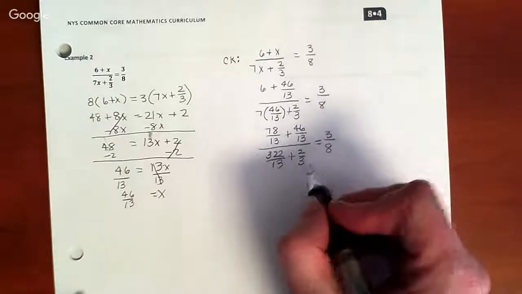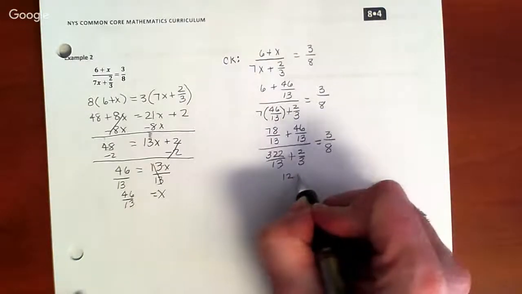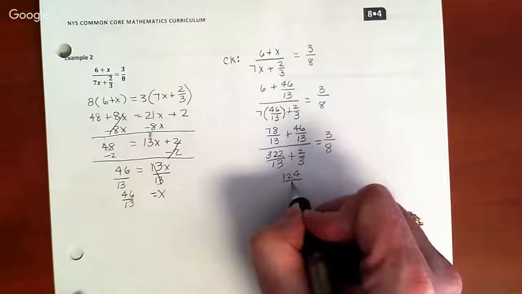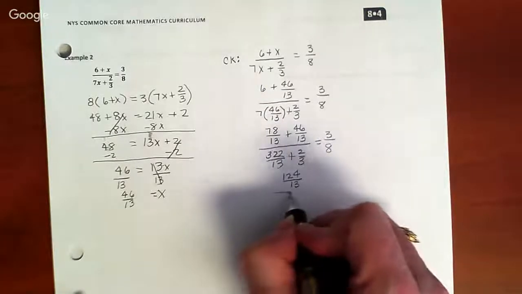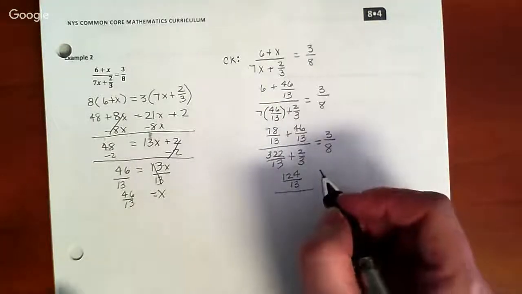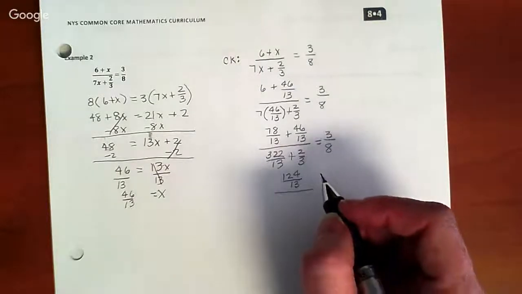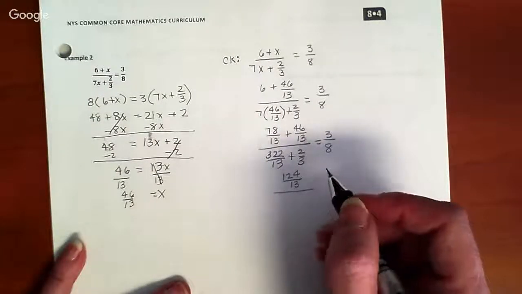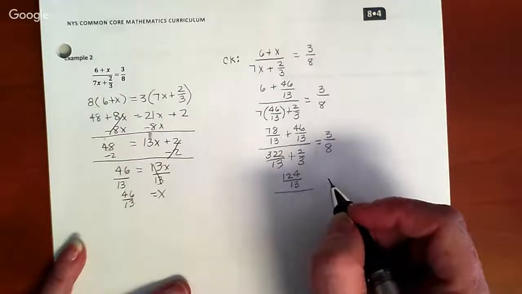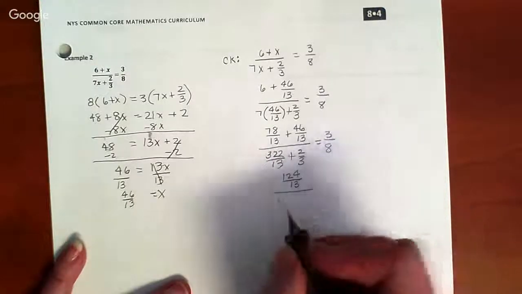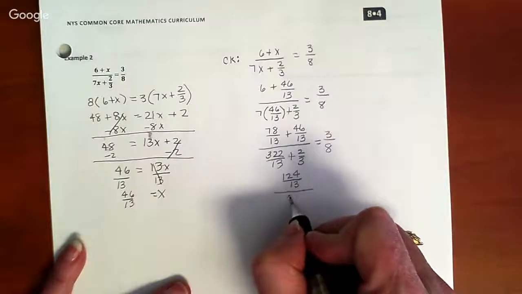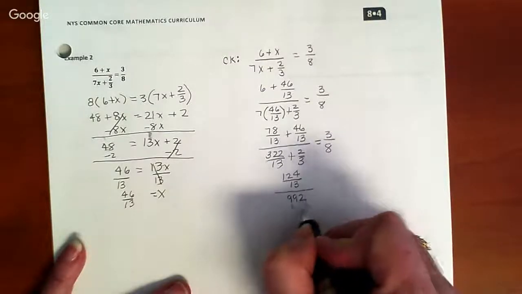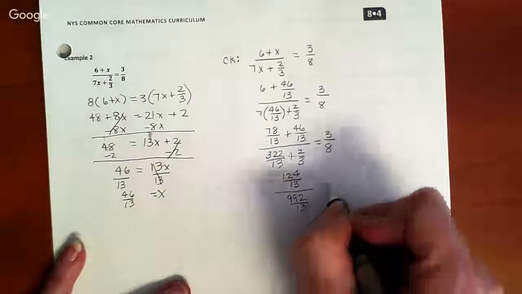So up at the top, I have 124 over 13, over 992 over 13.